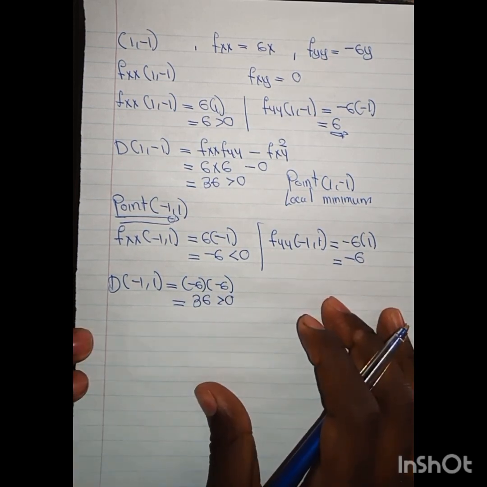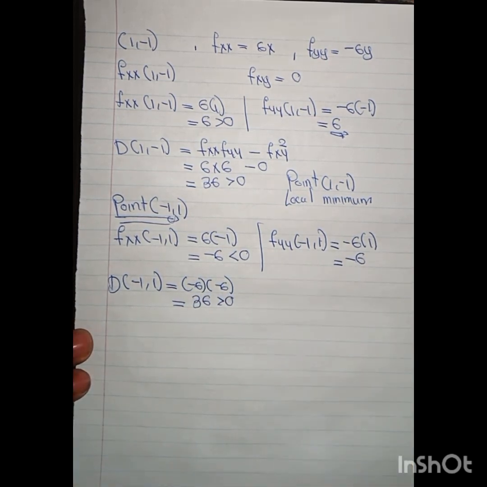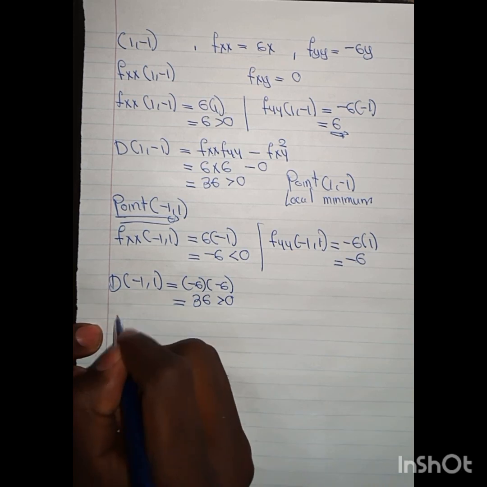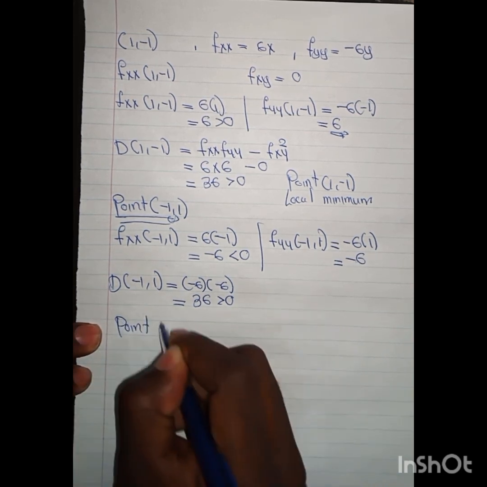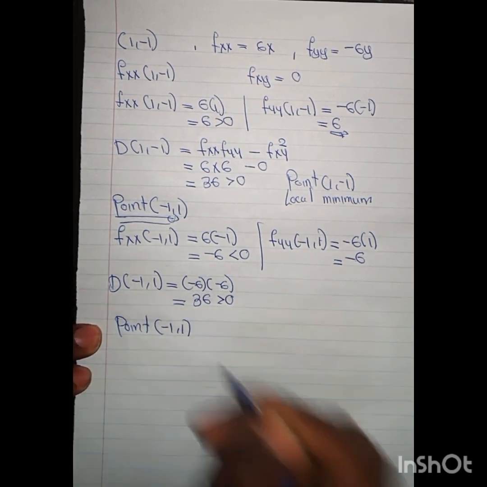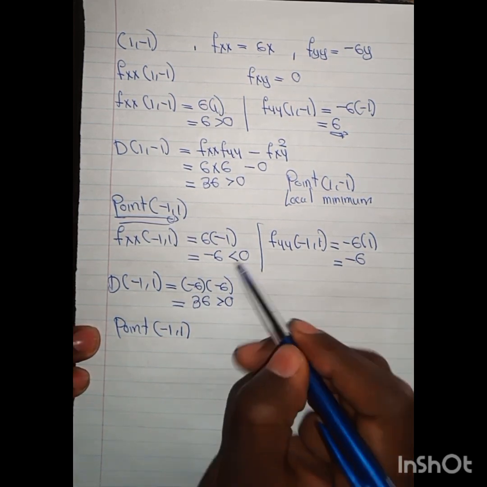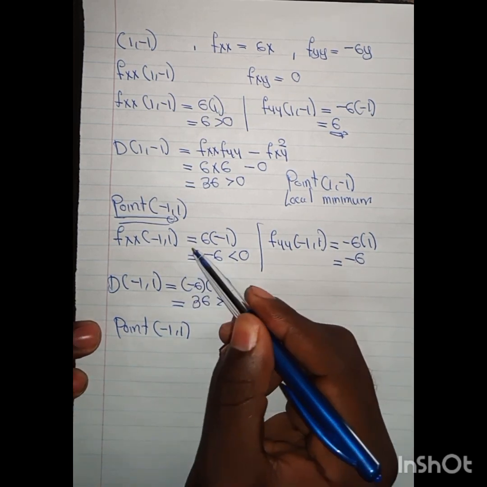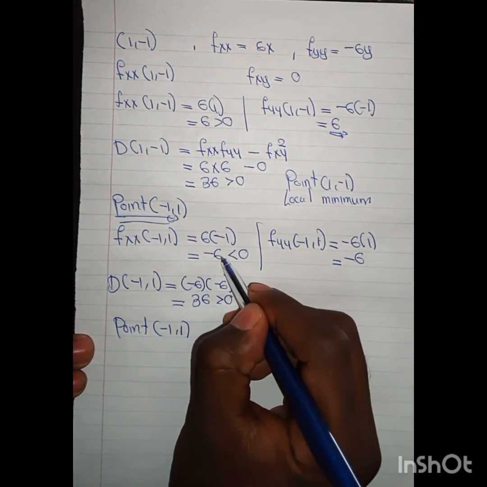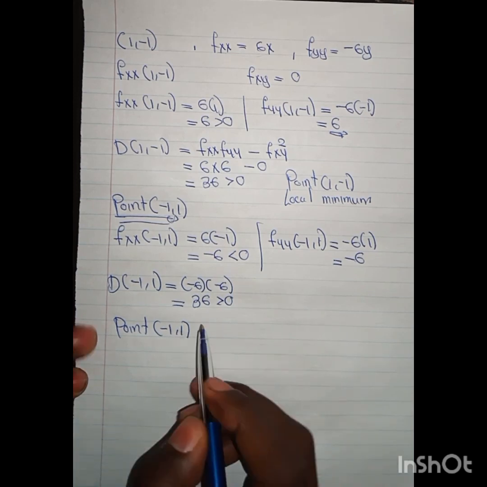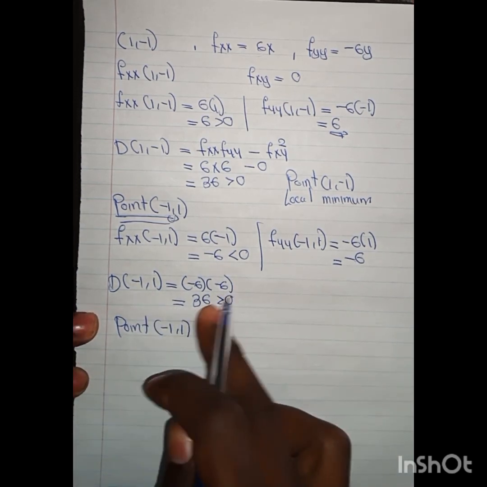Now we want to classify this point, minus 1 and 1, as either a local minimum, a maximum, or a saddle point. When you check, the second derivative of f with respect to x is less than 0. However, the value of d is greater than 0.